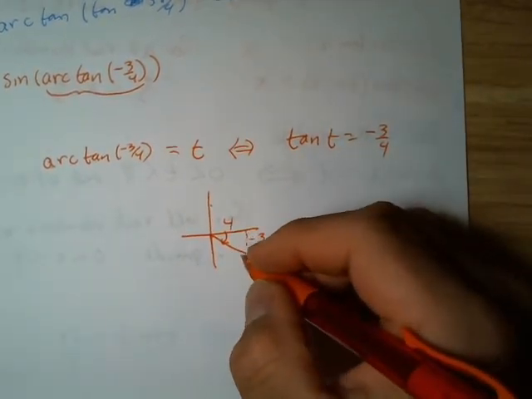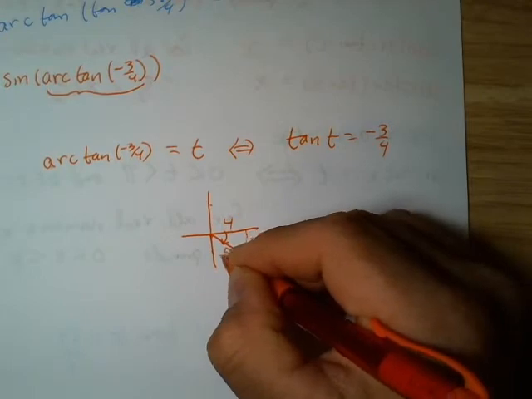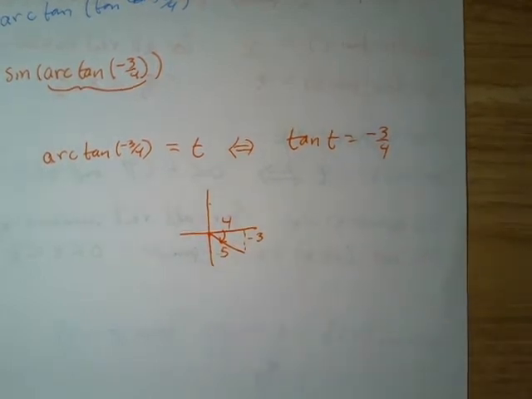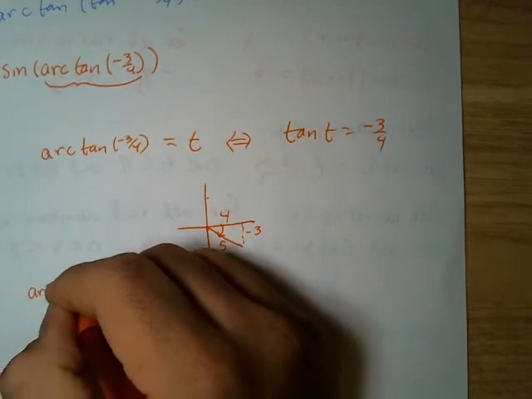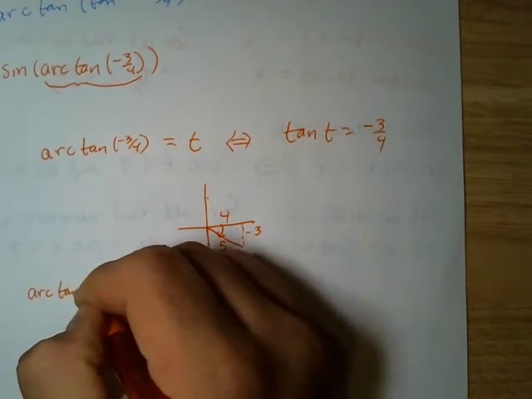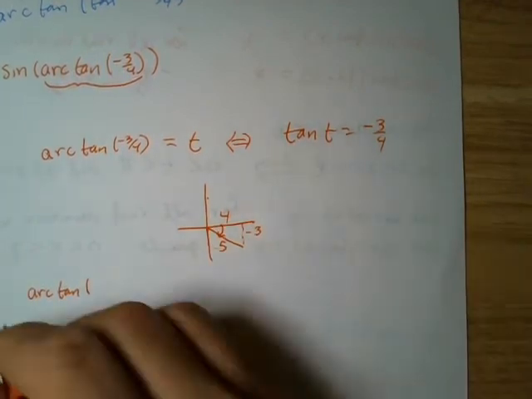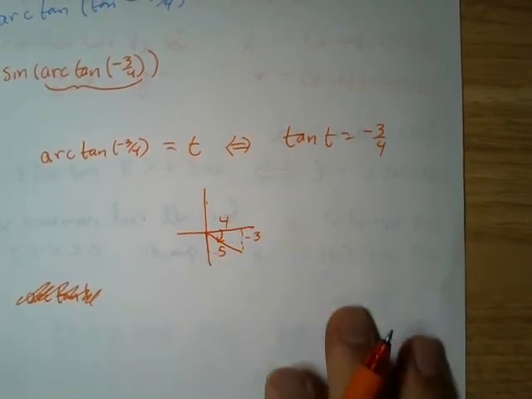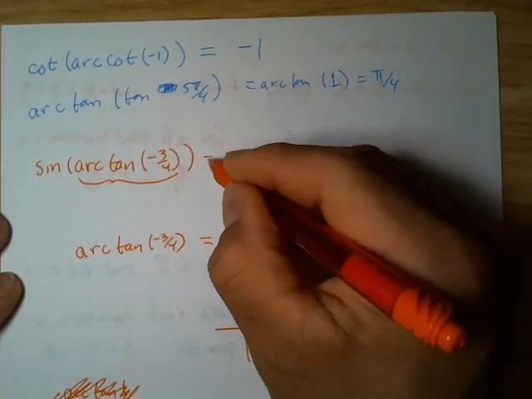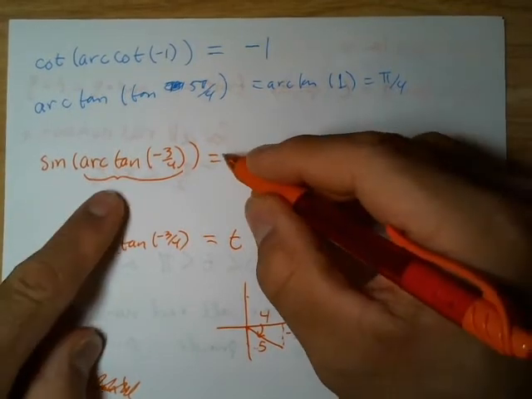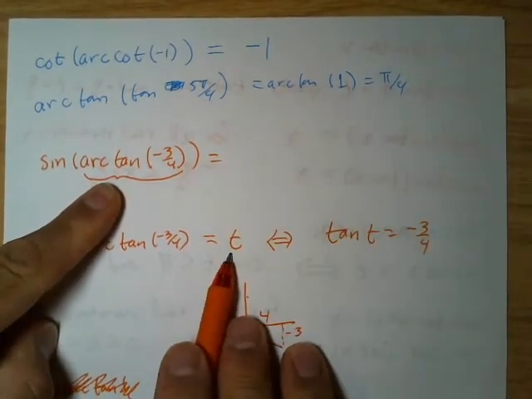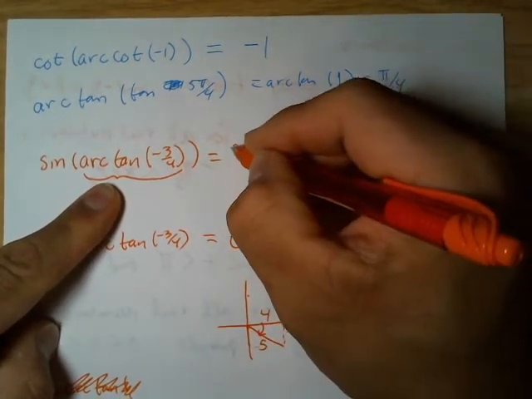And with some Pythagorean, we see that this is 5. So now we have, okay, that means that, excuse me, let's go up here. Doing some substitution, sine of arctangent of negative 3/4, I define to be t.